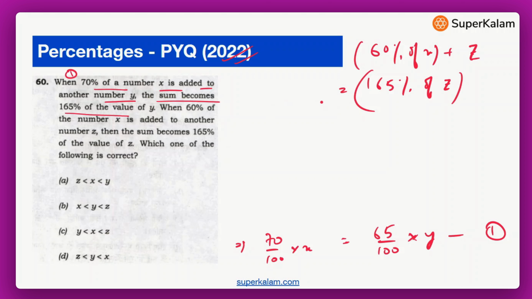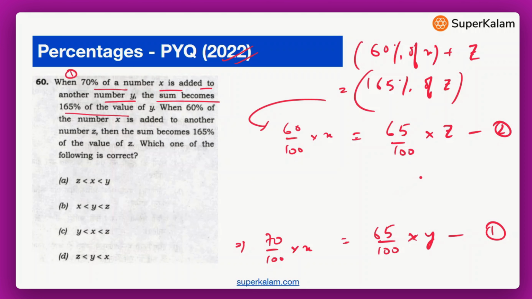If we simplify it similarly, we will get 60 by 100 of x, and we have to add z, but we can take z to the right hand side, which we just did for the first part, and then this will be 6500 upon z into z. So this is the second statement.